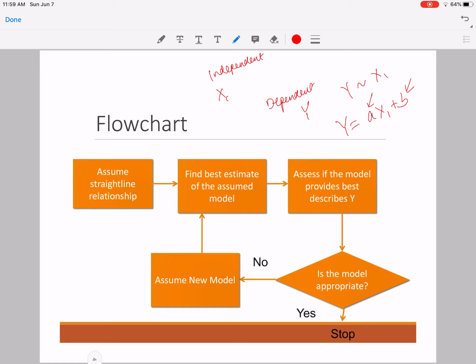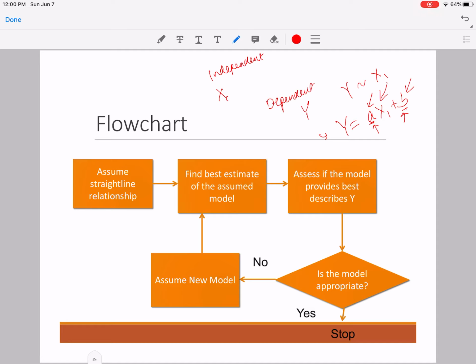So we are going to assume a straight line relationship, and then using empirical data, using different values of x1 and the observed values of y, we are going to identify what are the best constants a and b that can appropriately help us explain y in terms of x1. So that is called fitting the model. So we are trying to find the best estimates for these regression coefficients a and b.